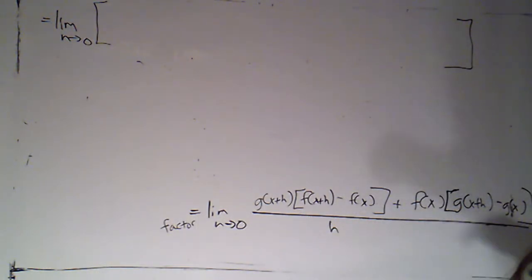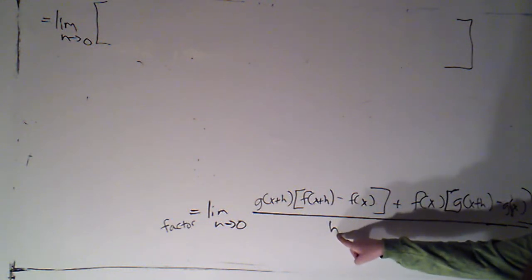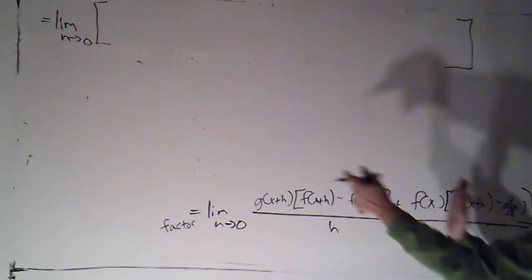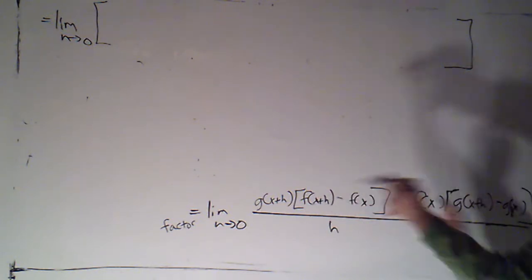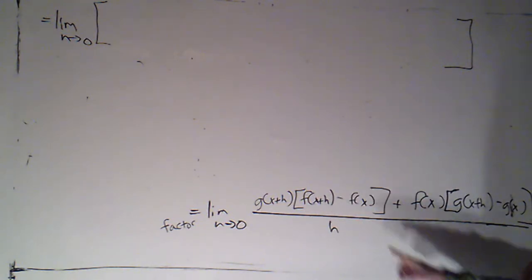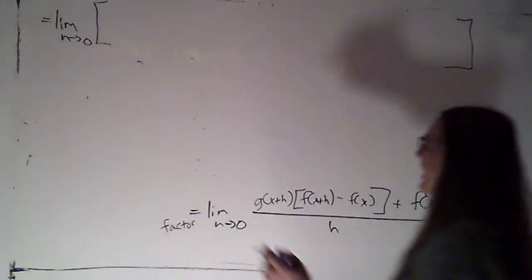Now what I'm going to do is distribute this division by h. So now I've got two parts on the top, okay? And so I'm going to just split this into two fractions.